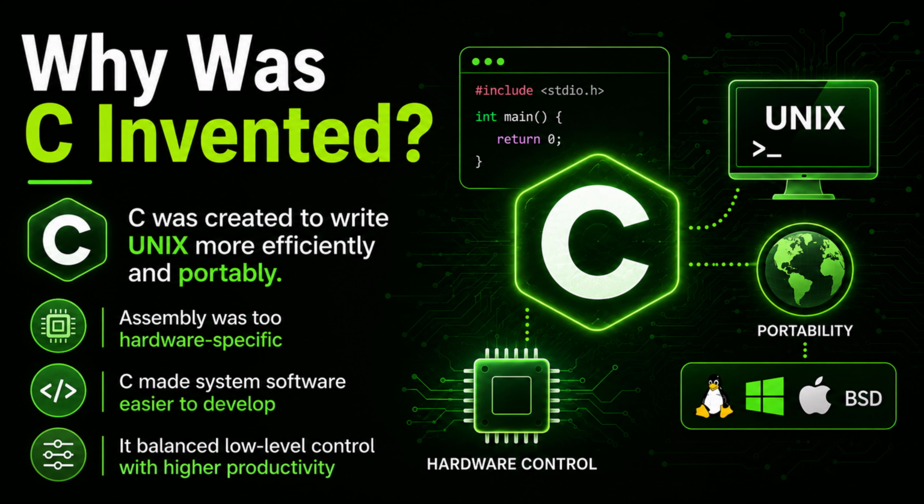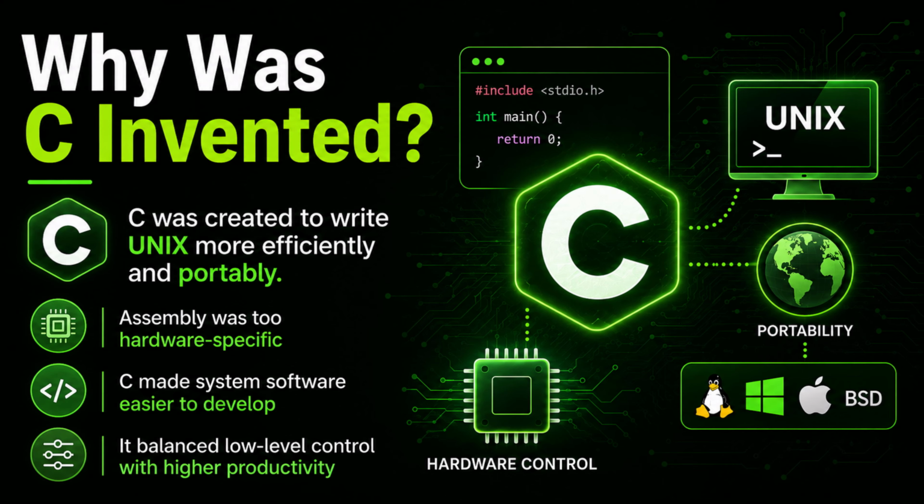This was especially important for UNIX. Developers wanted UNIX to run on different computers without rewriting everything from scratch. C made that possible. C also made programmers more productive. Instead of writing long assembly instructions, they could use functions, loops, variables, arrays, and conditions. The power of C comes from this balance.